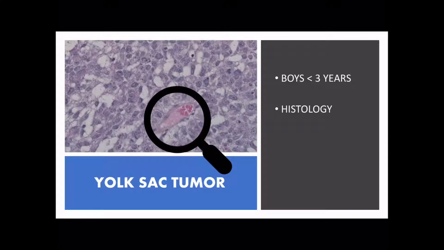These structures, which resemble primitive glomeruli, are pathognomonic for yolk sac tumors. So if you ever get to see one of them, just go for yolk sac tumors because they are very, very characteristic. Another important thing to note is that patients will usually present with elevated AFP levels.